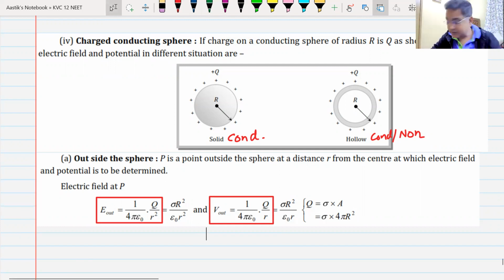Let me know once you are done. Then we'll come on to the most interesting aspect of this, which I wanted to highlight.